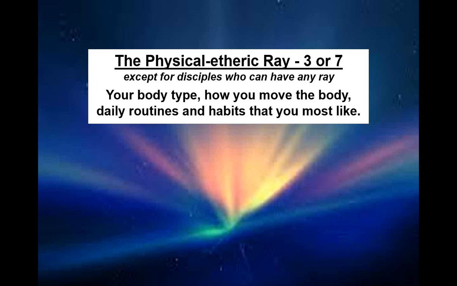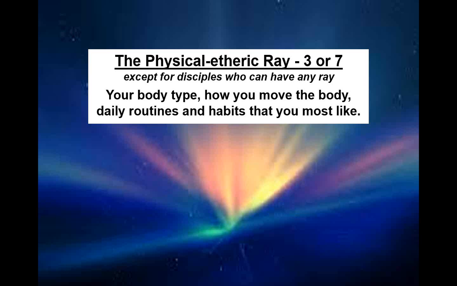However, if you are a disciple at the discipleship level and you are rapidly integrating your fields and your rays, then you can select prior to coming into incarnation and having a body really on any ray. But when I examined the rays of the Tibetan's disciples, he gave their rays, there were very, very few that stepped outside of the normal rays that we're going to be looking at today.